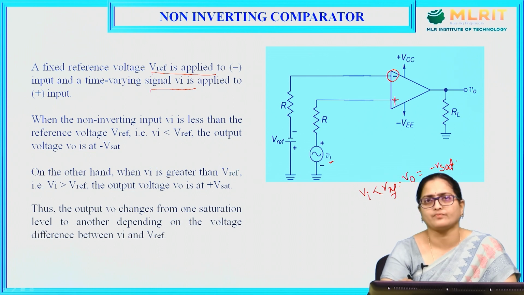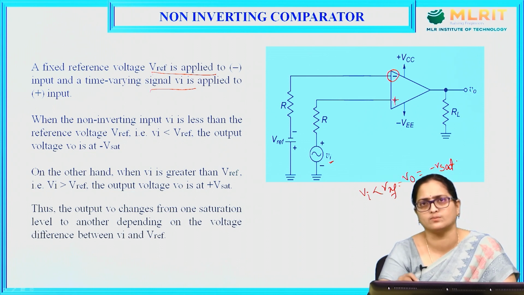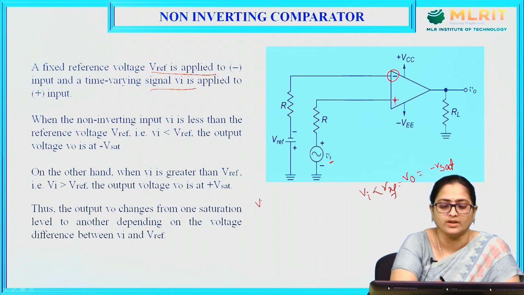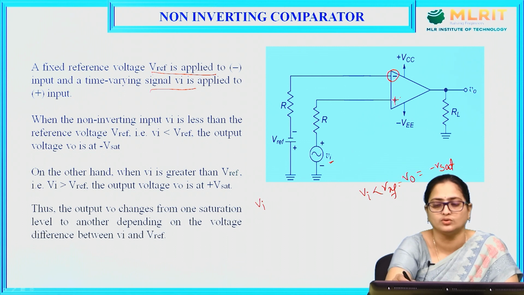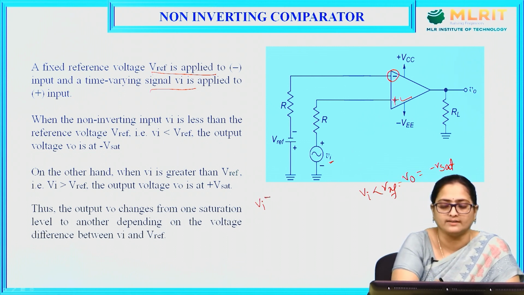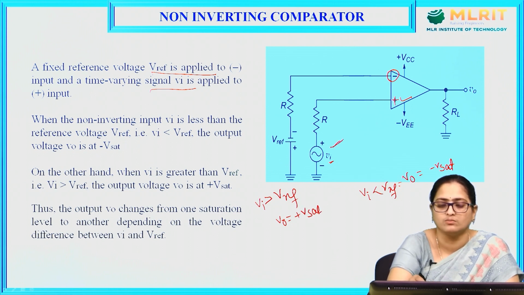On the other hand, if Vi, the voltage across the positive terminal, is more than the negative terminal, that is Vi is greater than V reference, then V0 equals plus Vsat.